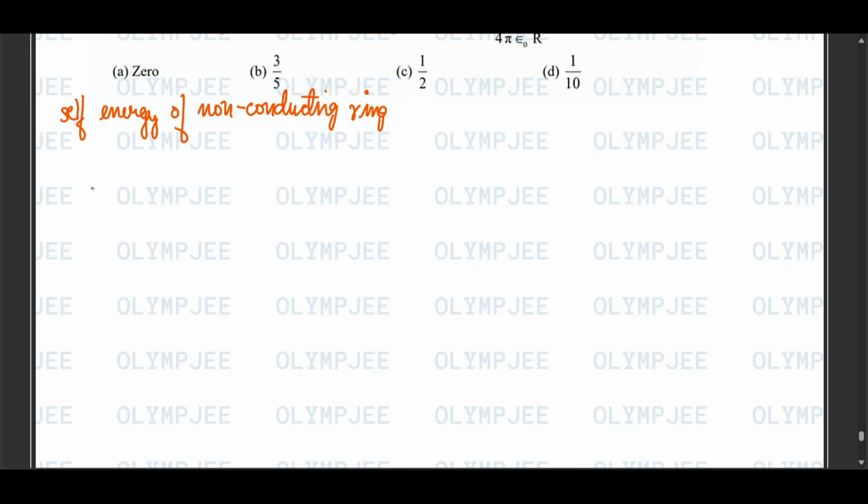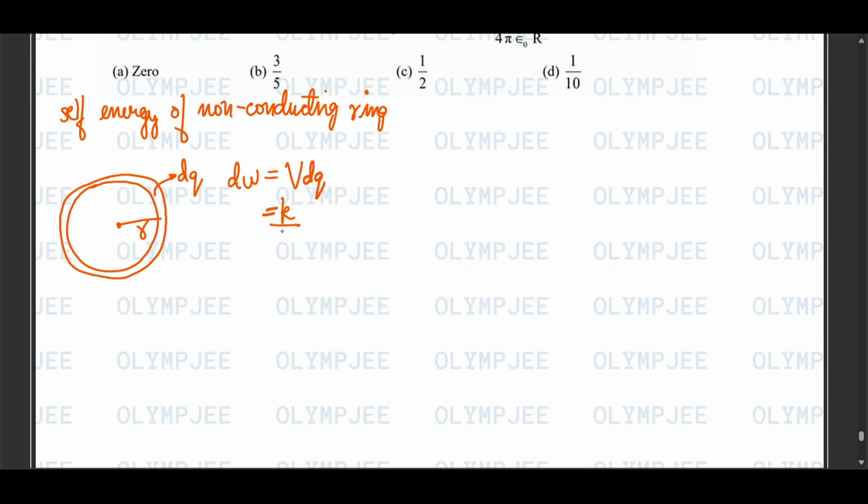So we know that all the charge has to assimilate on the surface of this ring, right? So if this is r and this is the dq, the work done to bring this dq charge will be v multiplied by dq, which is k q by r multiplied by dq. Q is the charge that has already been assimilated, and dq we are bringing from infinity.